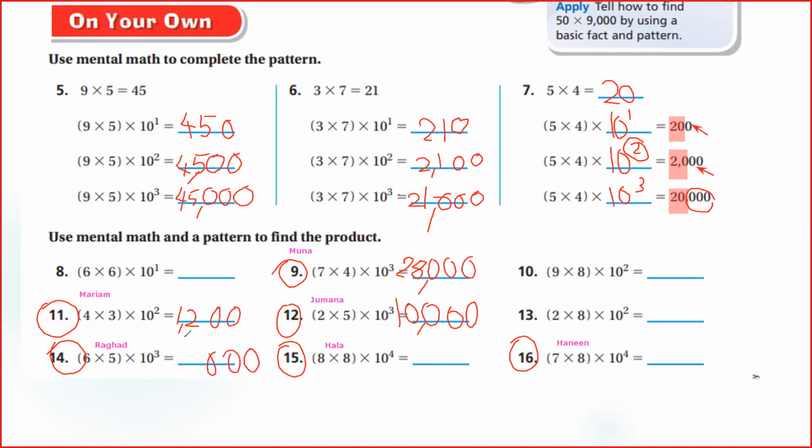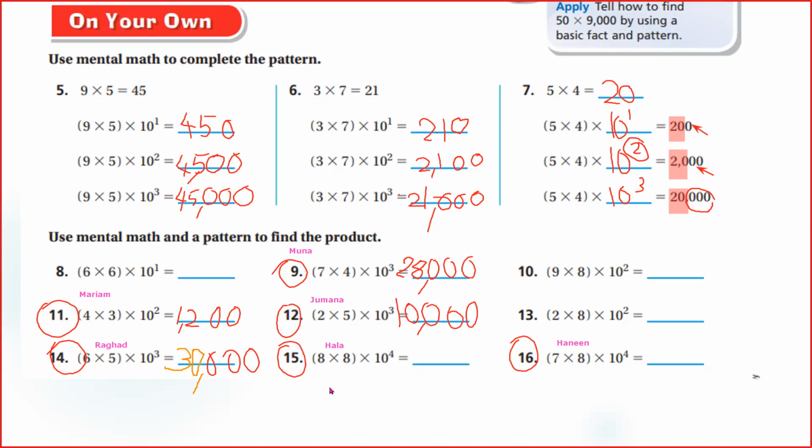And then 6 times 5. Perfect. Bravo. So here now 1, 2, 3. So the answer is 30,000.